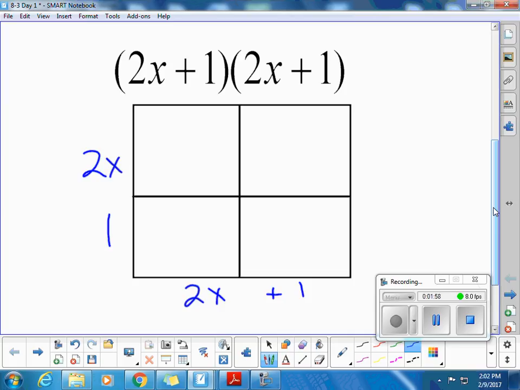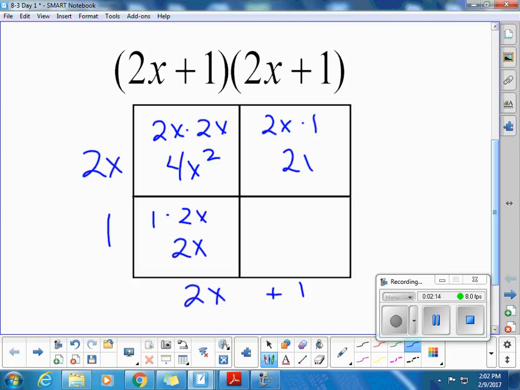So this would be 2x times 2x, which is 4x squared. This is the 1 times the 2x, which is just 2x. The top one would be 2x times 1, which is also just 2x. And our bottom square would be 1 times 1, which is just 1.